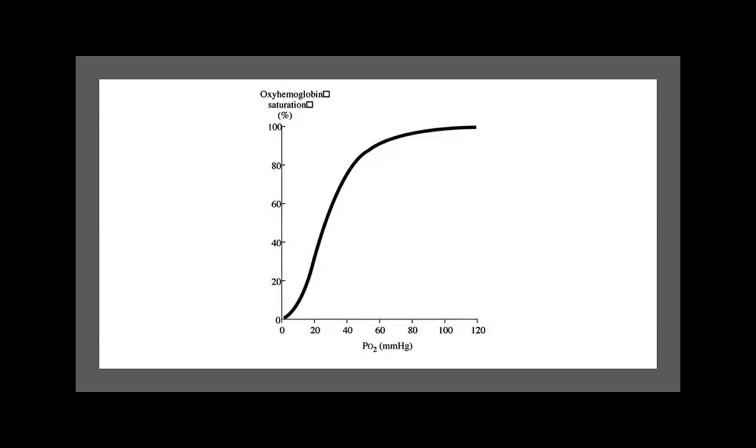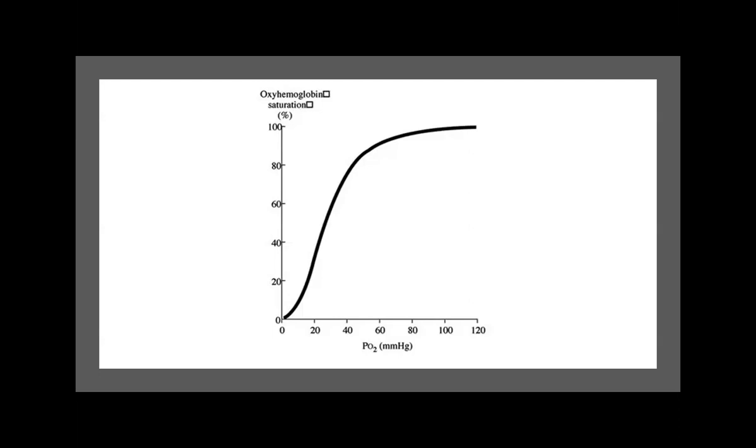The first oxygen to bind to a hemoglobin binds with difficulty. After it's bound, there are some conformational changes that happen in the hemoglobin which open up the other binding sites. The second oxygen binds with greater ease, the third one binds even easier, and the fourth one binds the easiest. So the more saturated your hemoglobin becomes, the easier it is for it to become saturated. That gives this initial lag and then the steep curve up.